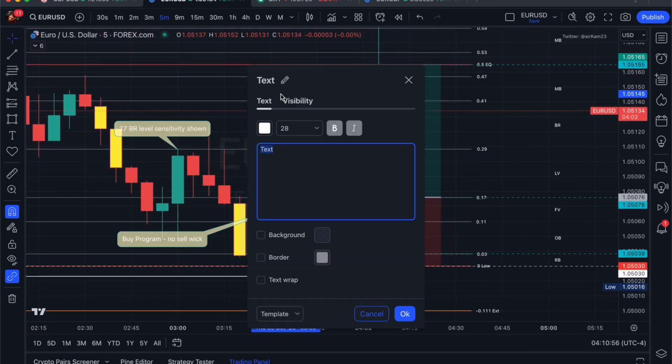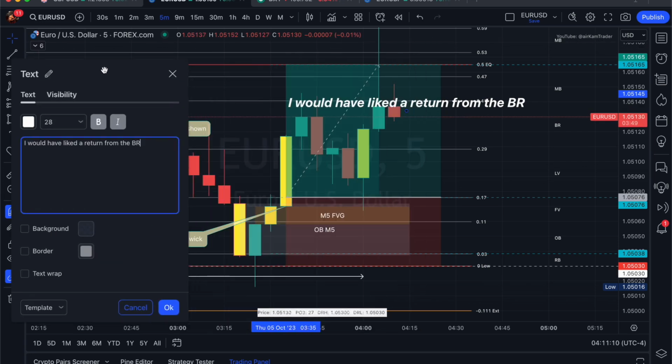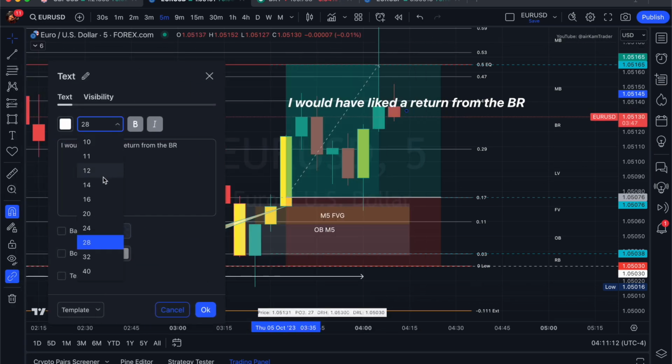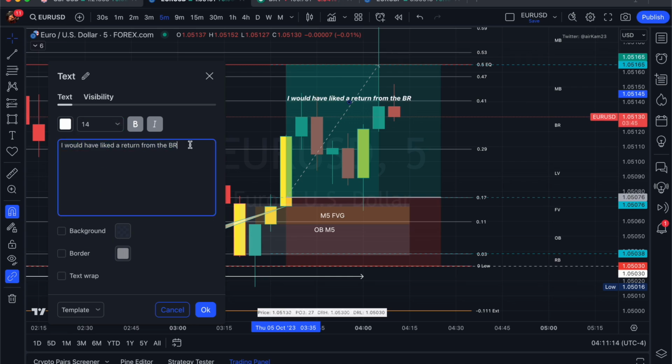Now again, as per classic Goldback theory, something like an algorithm 2, if it forms a fair value gap in the fair value gap level, you should have a return from the breaker. In this case, we had a return from the mitigation block. And these are the lessons I had to learn over the last 6 months, to see how the algorithm actually plays out in practicality and how you can make sure you're in those high probability setups.